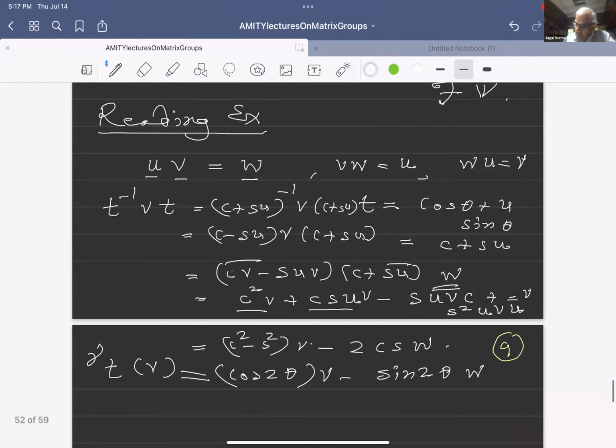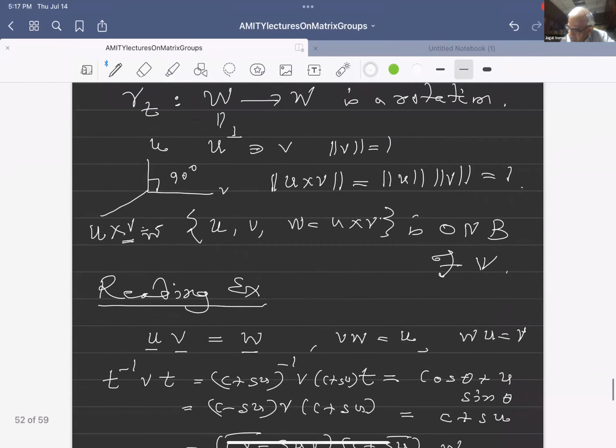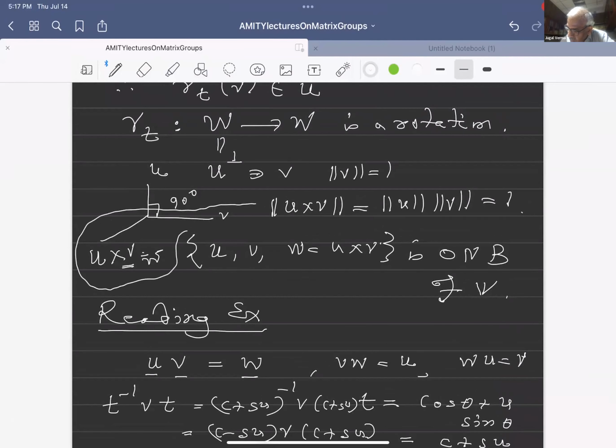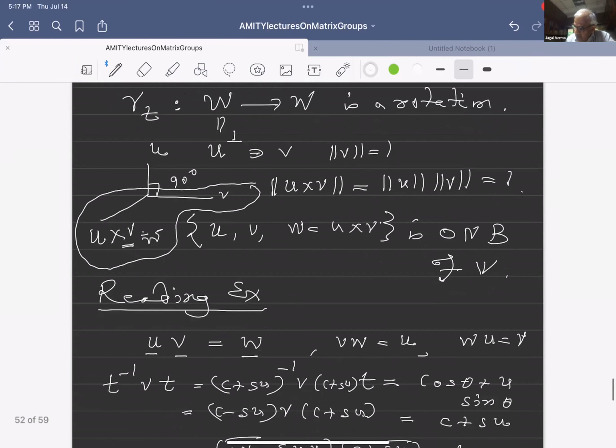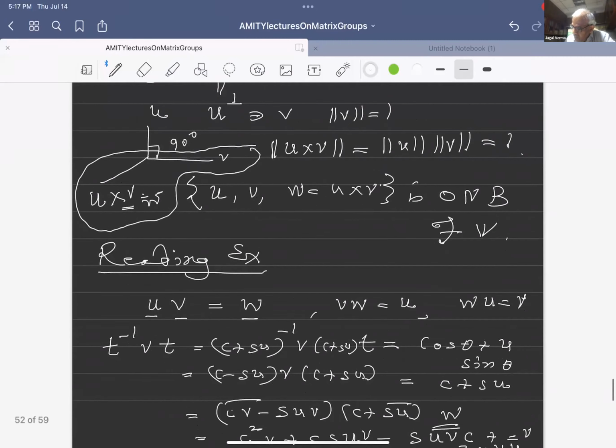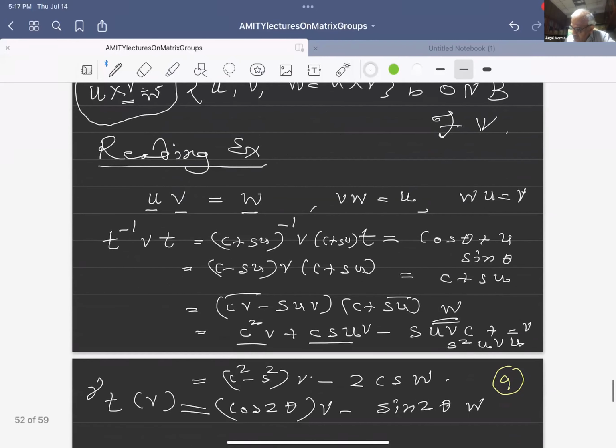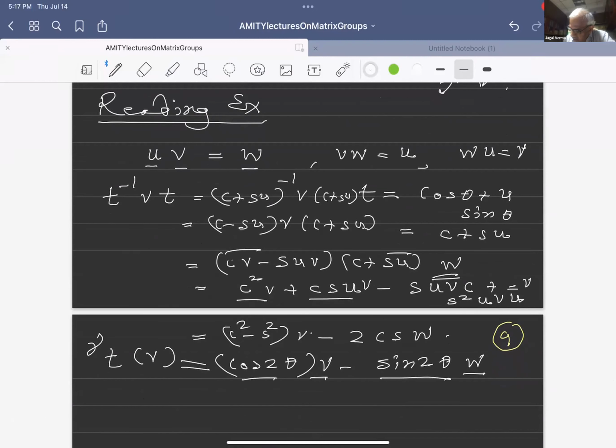Gamma T is acting on the plane which is spanned by V and W. Gamma T is also an orthogonal transformation of this plane. I have shown that gamma T maps this vector V into a linear combination of V and W, and the coefficients are cos 2 theta and sine 2 theta. The same calculation on W shows that this is equal to V sine 2 theta plus W cos 2 theta.